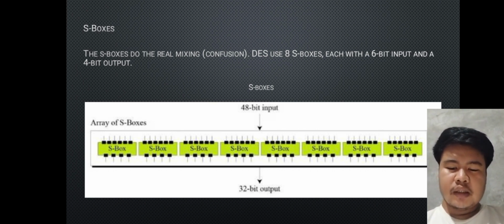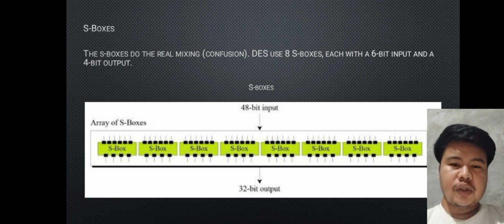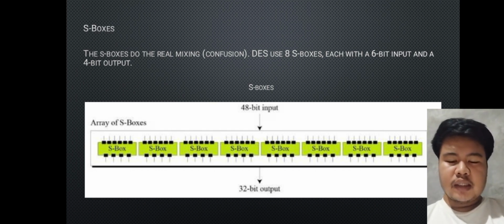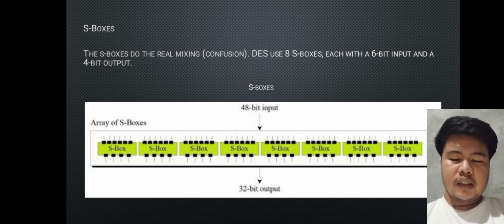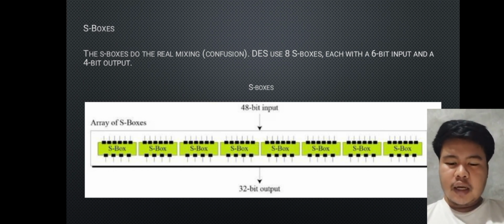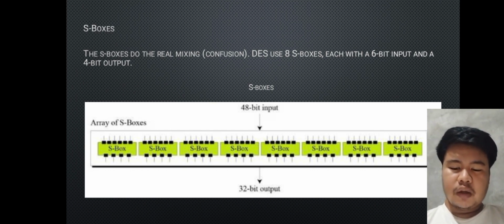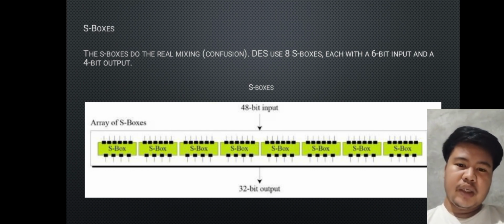Substitution boxes. The S-boxes carry out the real mixing, the confusion. DES uses 8 S-boxes, each with a 6-bit input and a 4-bit output. Refer to the following illustration.